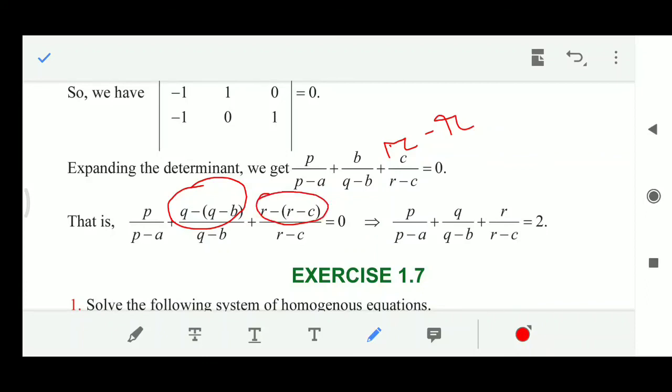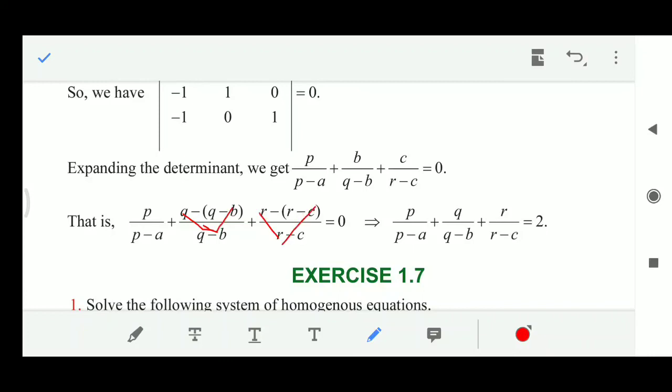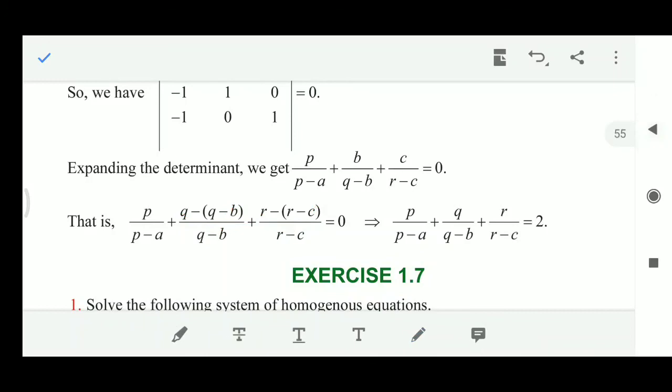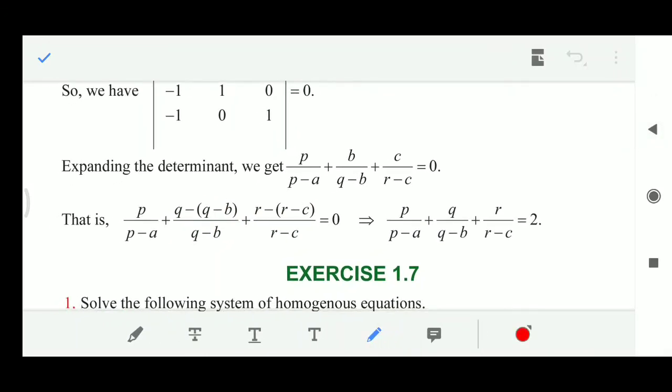So now we have to split this as two terms in the second and third term alone. So I am going to split this as Q by Q minus B, and minus of Q minus B by Q minus B. Here Q minus B and Q minus B get cancelled, you will get answer as minus 1.